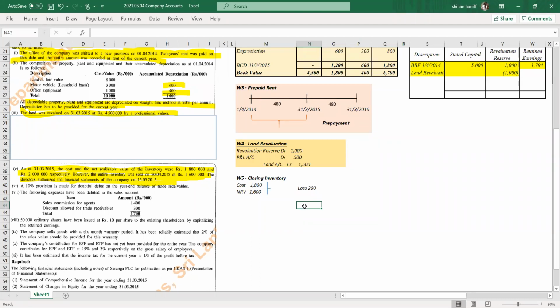Inventory account we have to credit, and profit and loss account and the other expenses we have to debit 200, and inventory account credit 200. This is the double entry.